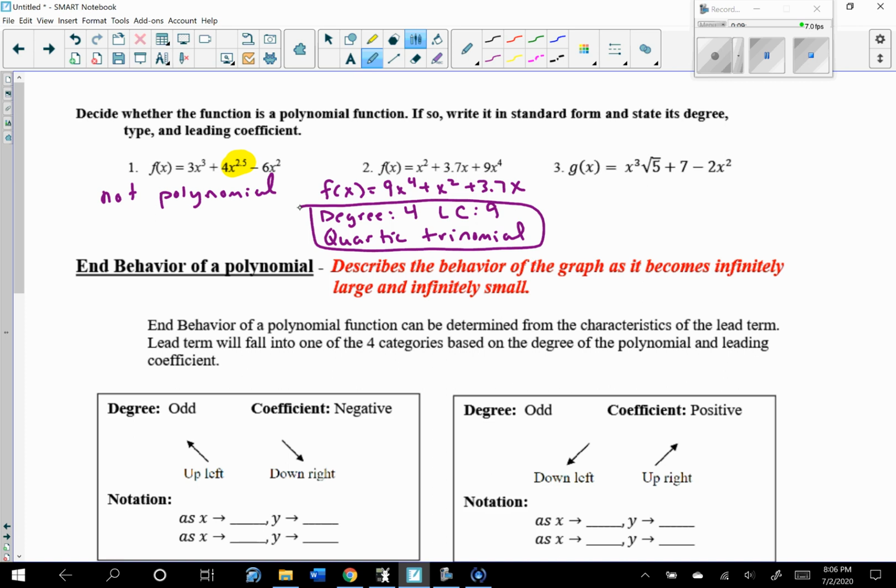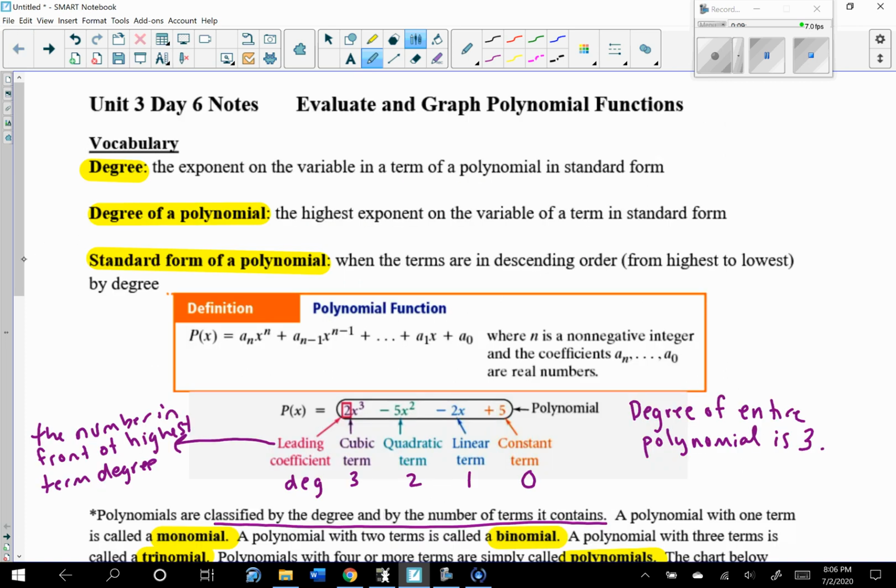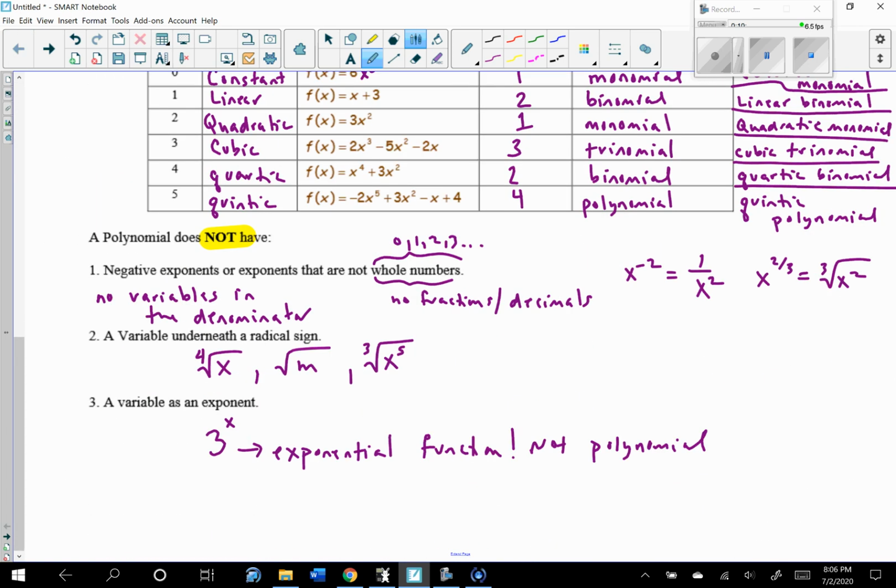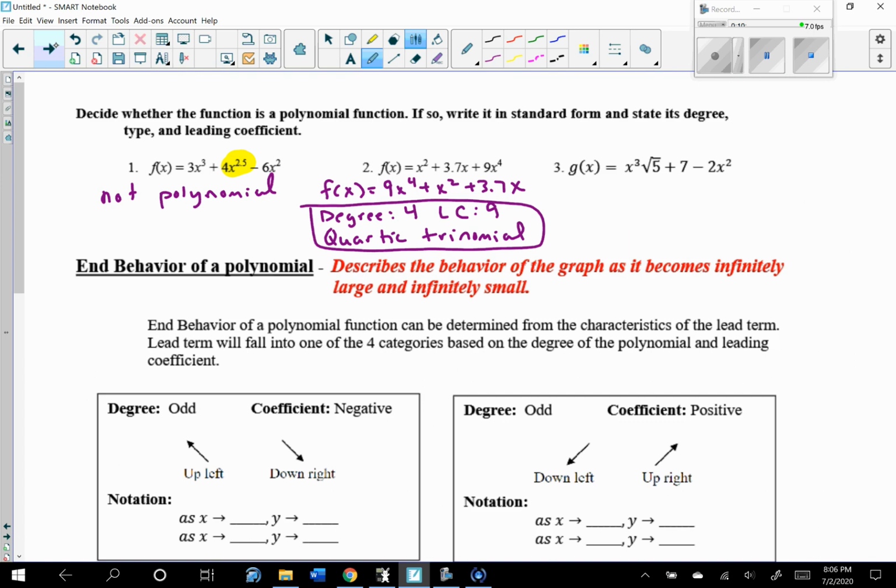For this one over here, this one has a square root, but there are no variables underneath the square root. So again, remember over here, we said you can't have a variable as an exponent, a variable underneath, and no exponents that are not whole numbers. So here, a square root with just something numerical is okay.